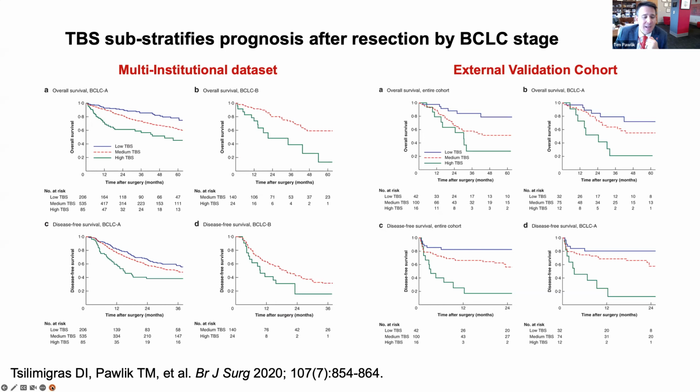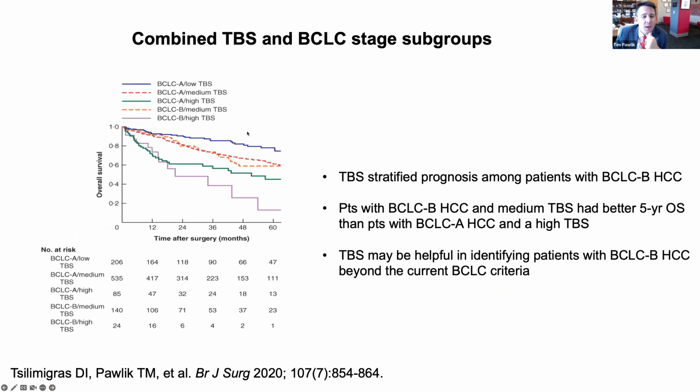The patients who are most likely to benefit from surgery with regards to long-term survival are patients who are BCLC-A with the low tumor burden score, or patients with BCLC-B with the medium tumor burden score. You can see here that there's complete overlap between BCLC-B and BCLC-A if they both have the same tumor burden score.